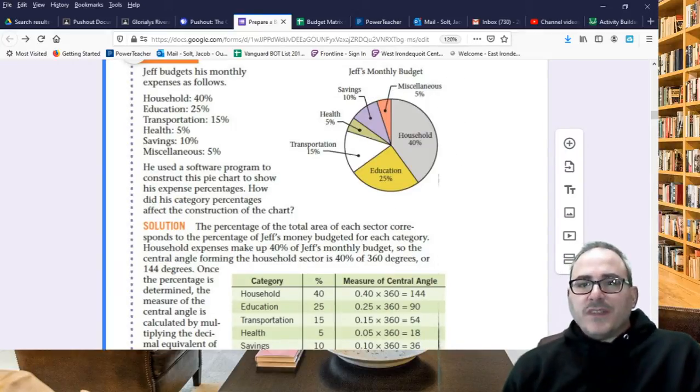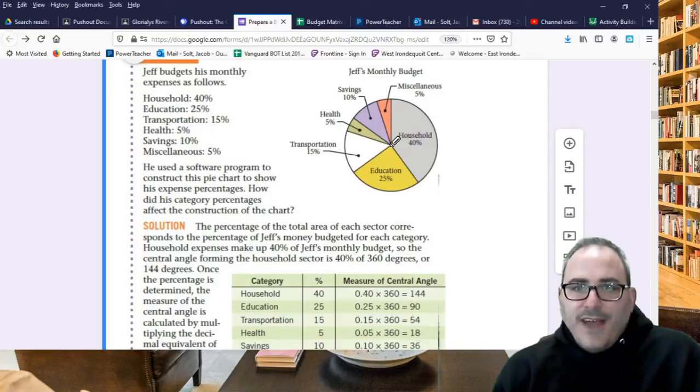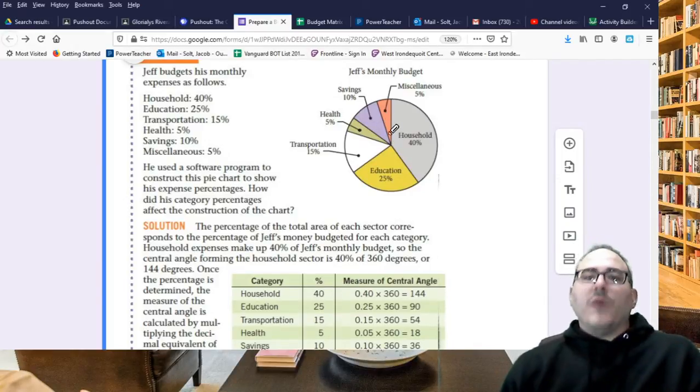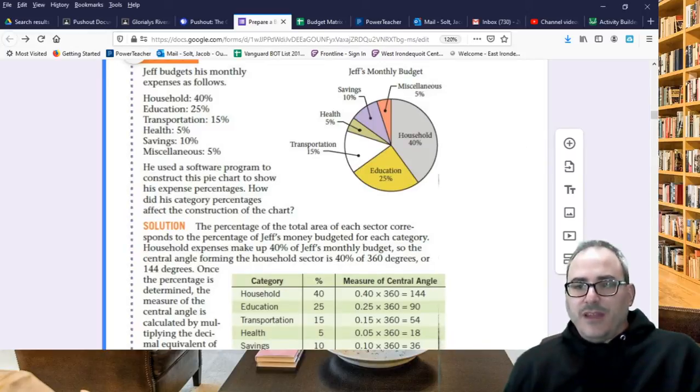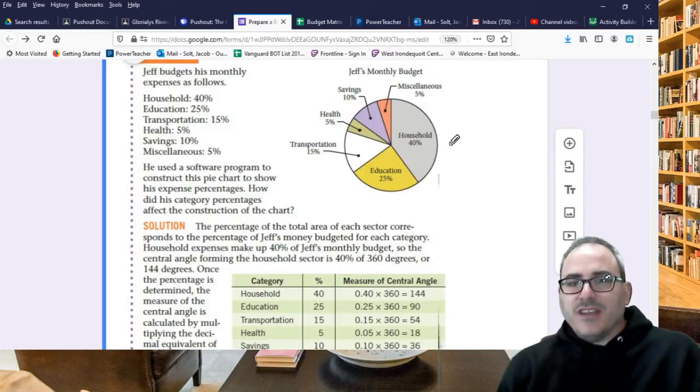We measure circles in terms of 360 degrees. And I don't know if you can imagine this, but if I divided this circle up into 360 little slices, and you notice how small the slices have to be in order for me to do this, each one of those would be 1 degree, right? Each one of those would be 1 degree if a circle is composed of 360 degrees.